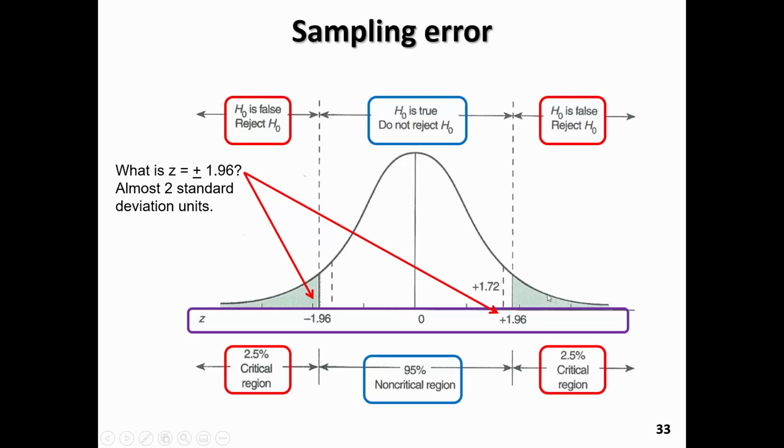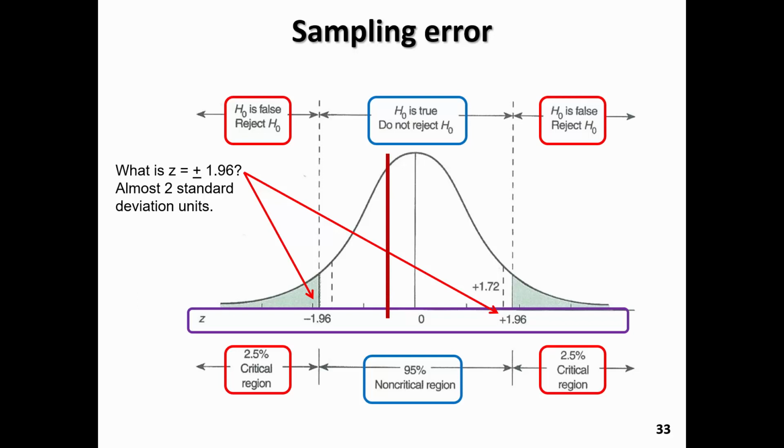So if our calculation lands us in the critical regions, then we can state with 95% confidence that that value is different than the vast majority of cases here, the vast majority referring to 95%.